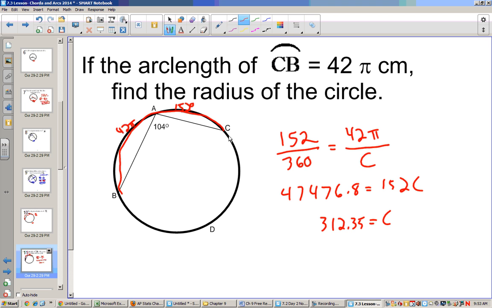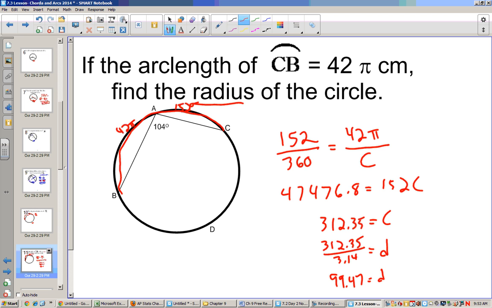Now, I have my circumference, that's the distance all the way around the circle. I'm looking for my radius. So my next step is to find the diameter. I can find my diameter by taking this number and dividing it by pi, or 3.14. And now I'll get 99.47 for diameter.